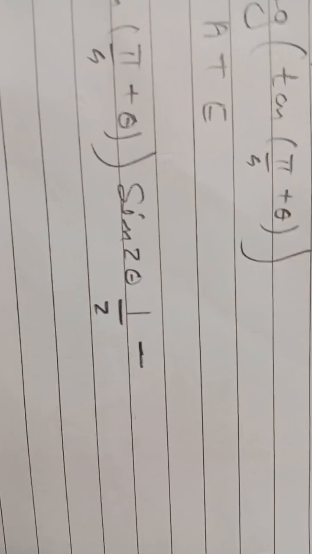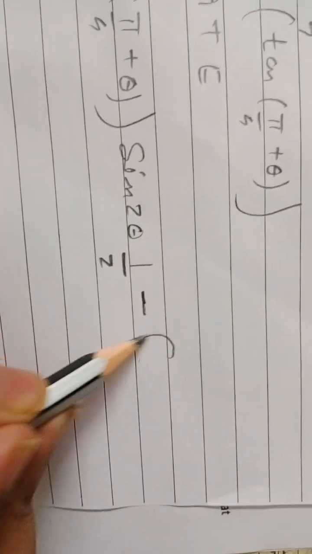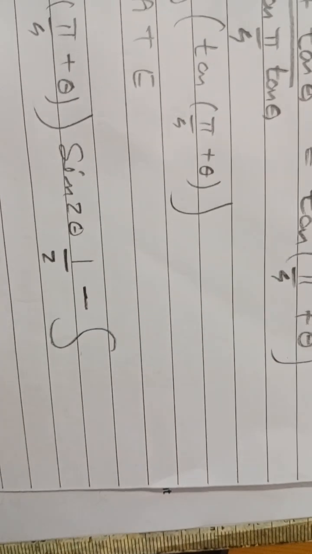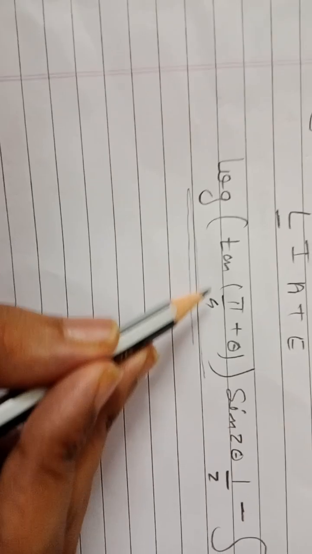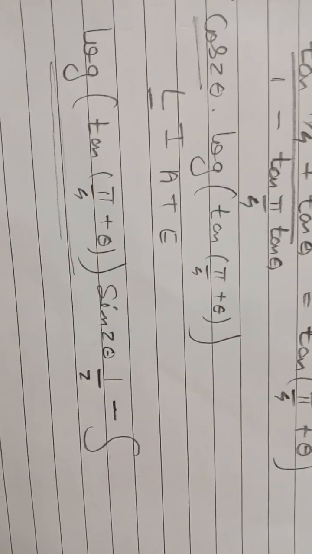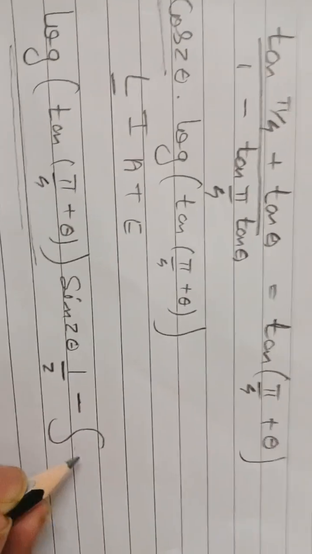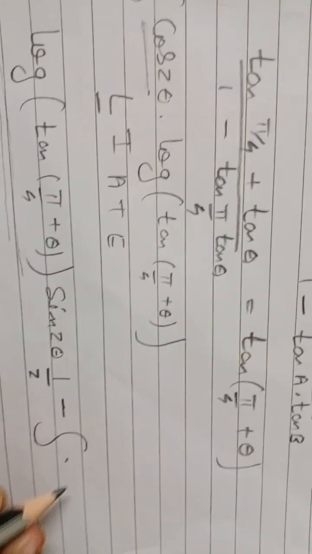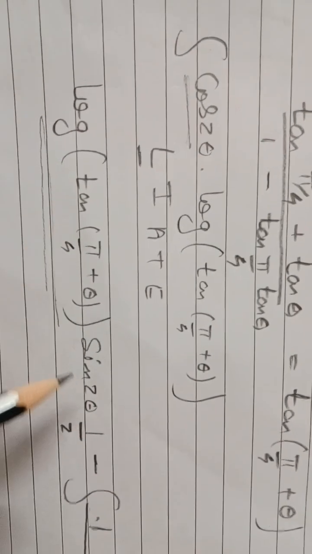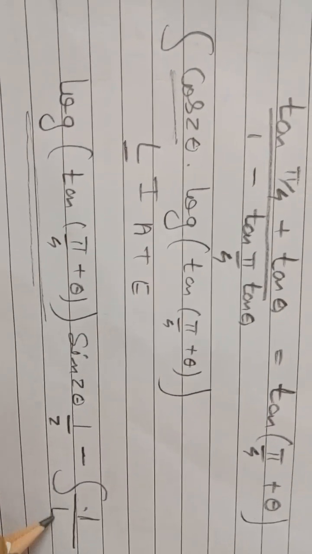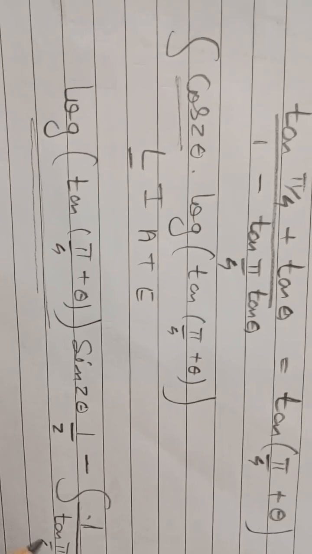Then minus, we have to subtract the whole term, which is just the integration of the derivative of this term right here. We need to take the derivative of this whole quantity. The derivative of log is 1 upon x, which is just 1 over tan of pi by 4 plus theta.